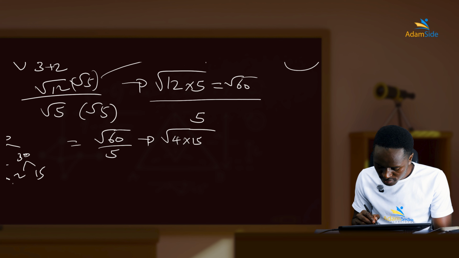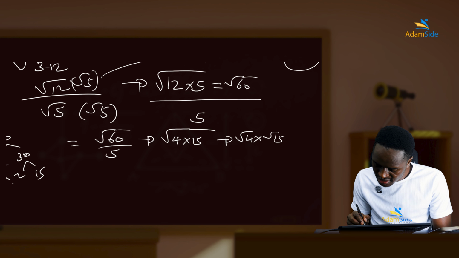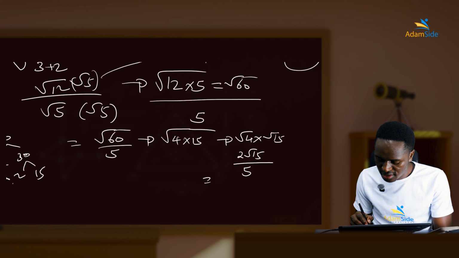Then break it. This can be written as root 4 times root 15, which is the same as 2 root 15 over 5. So your answer is 2 root 15 over 5.